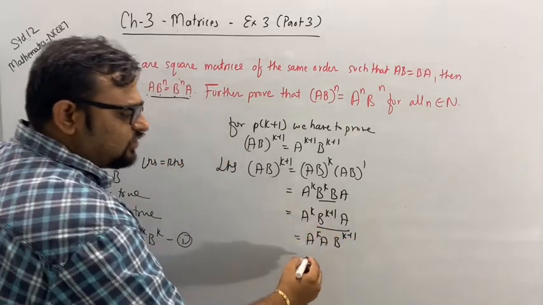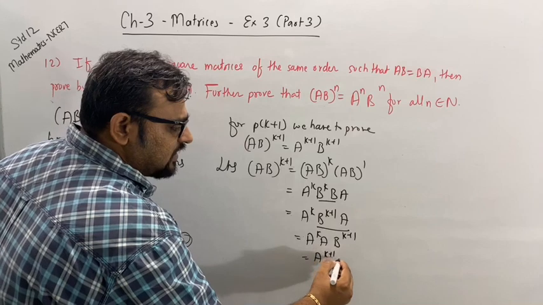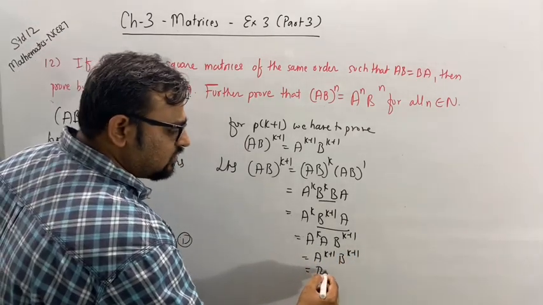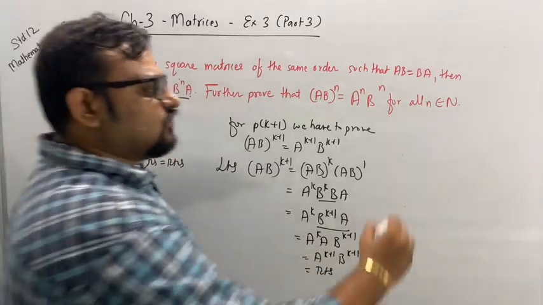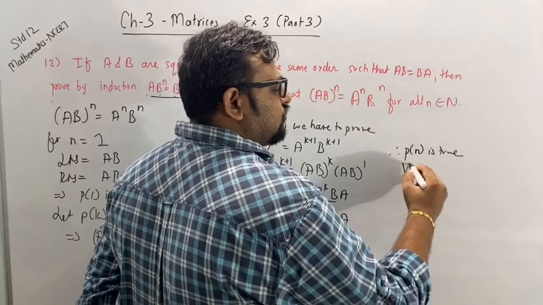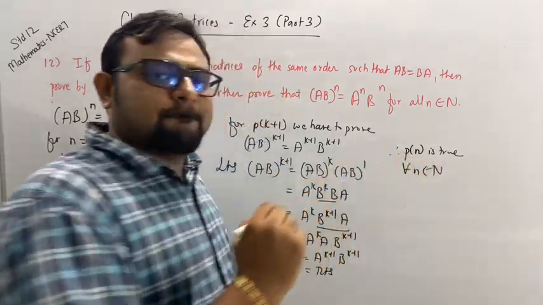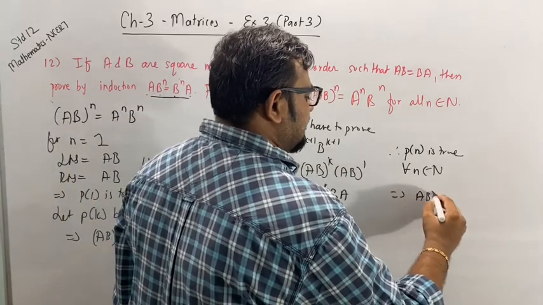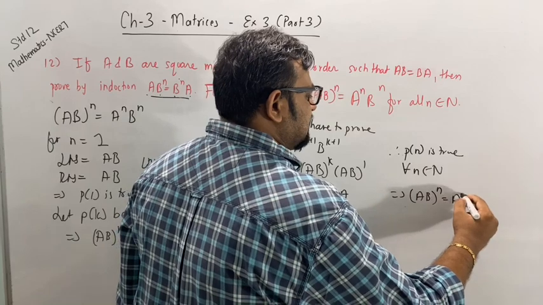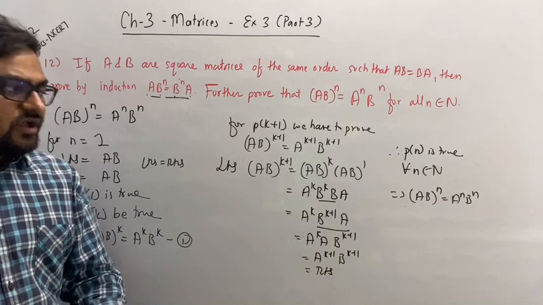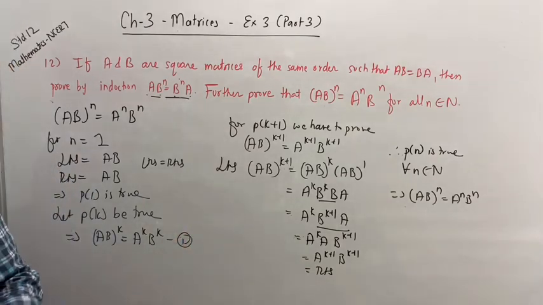Now what is A raised to K into A? A raised to K plus 1, B raised to K plus 1. And that is equal to RHS. Therefore, P of n is true for every n belonging to N. That implies (AB) raised to n equals A raised to n, B raised to n. Clear? Okay, so note down the second part of question number 12.